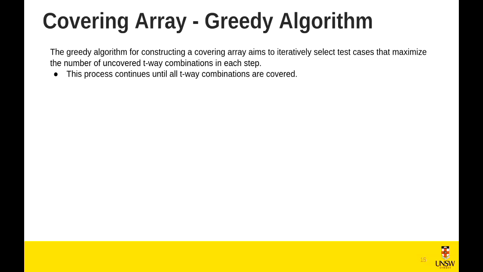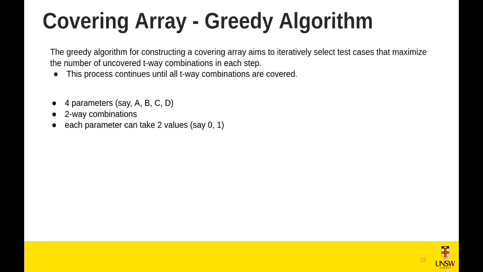Each time we try to come up with a new test case in the covering array, we use the test case that can cover the most entries in the combinations, the most number of combinations, and then we add that test case to the covering array. This is the key concept here.